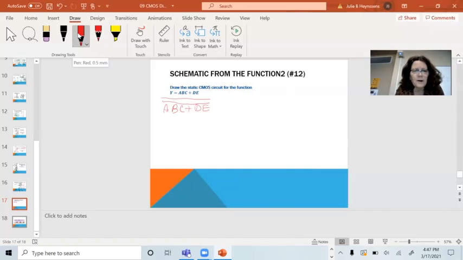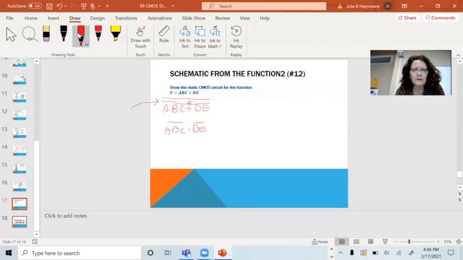And the part that I'm going to break up with De Morgan's theorem is this inner bar. I want to leave that whole upper bar over the top. So the first thing I do is I break this bar right here, and that becomes A, B, C naught times D, E naught.